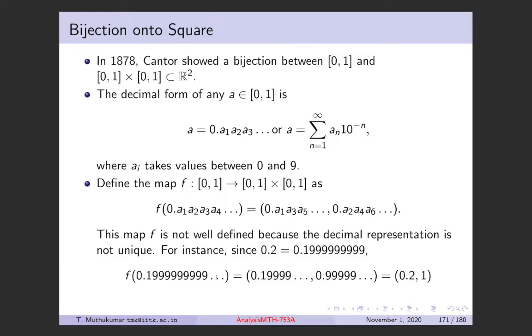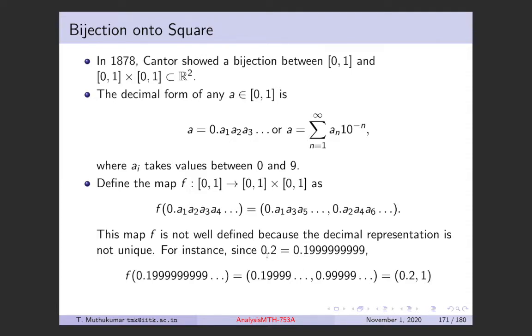By this definition, the odd positions give 0.1999..., and the even positions give 0.9999.... So the image of this element using this decimal expansion is (0.2, 1).